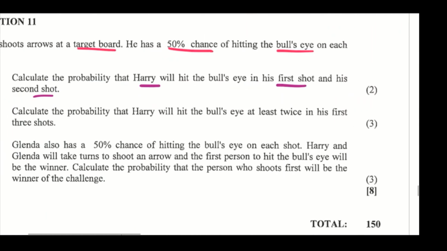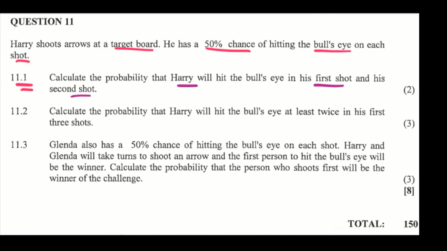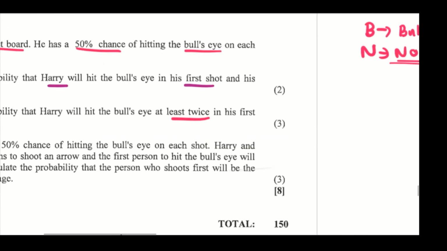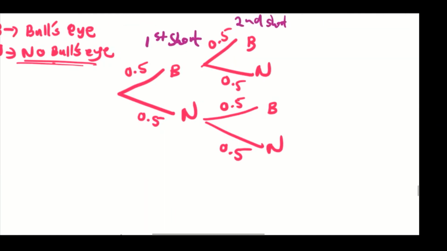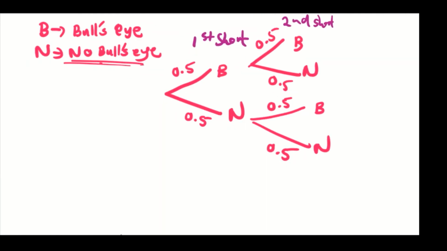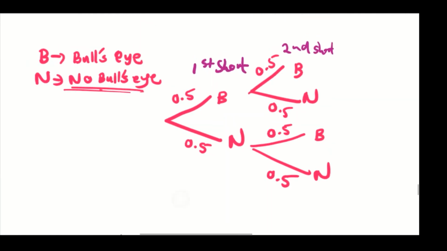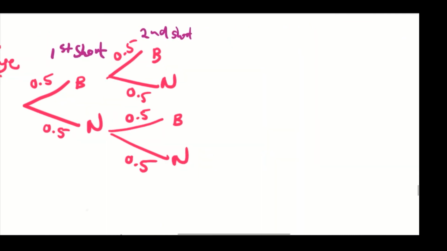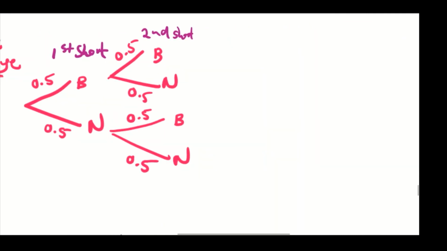So 11.2, calculate the probability that Harry will hit the bull's eye at least twice in the first 3 shots. At least twice means twice and 3 times, up to the maximum number of shots, right? They said in his first 3 shots, so we need to include another shot.